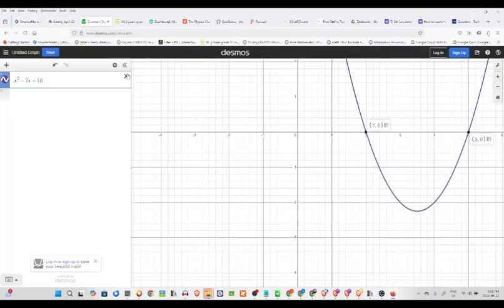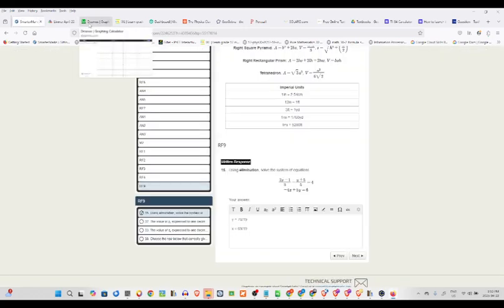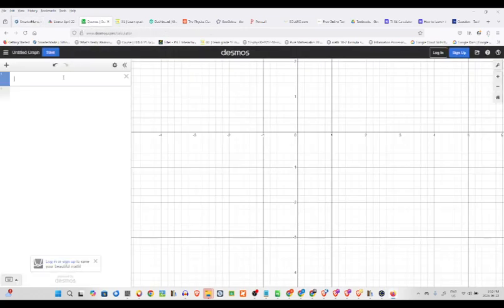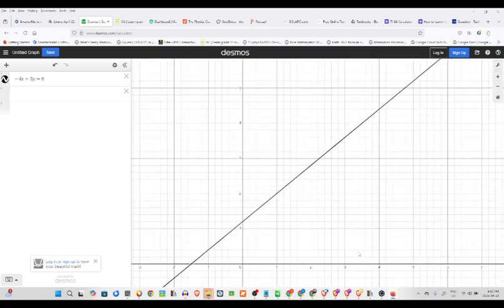Okay, well, Desmos is good for double checking things quickly. So negative 4x plus 5y equals 6 is this line.